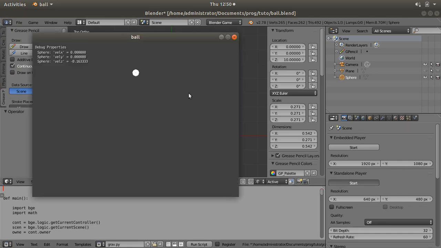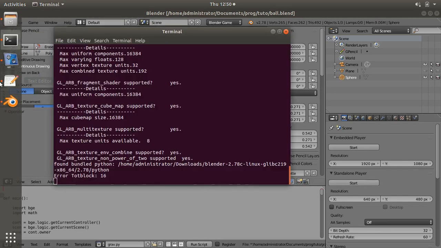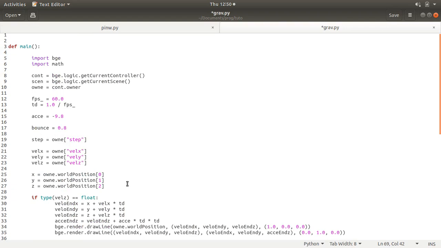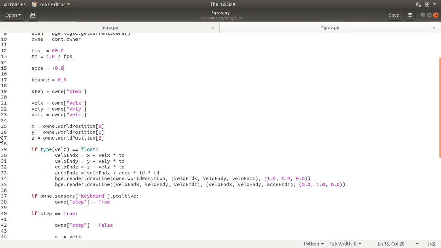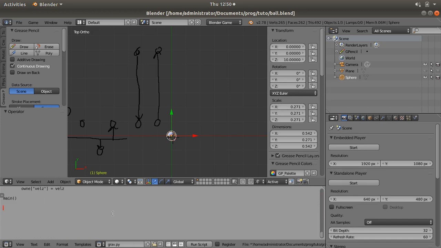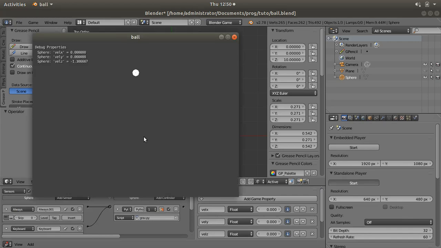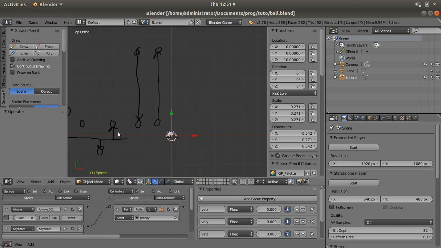So now it's not moving. Still not updating, I'm not sure what's going on.